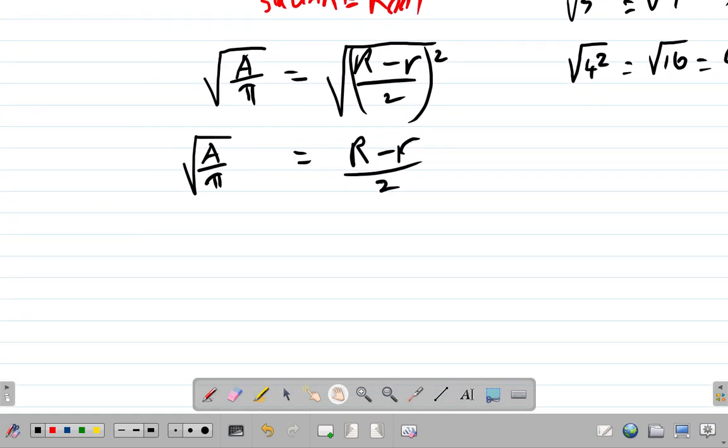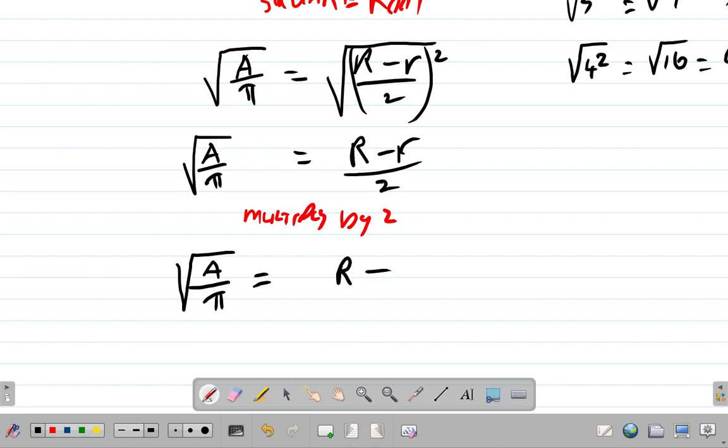Alright. Now you need to get rid of the small r and the 2. Suppose you multiply by 2. What you get is 2 times the square root of A divided by pi equals 2 times big R minus small r divided by 2.